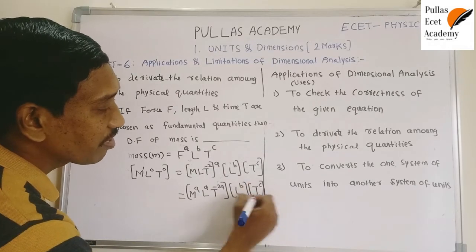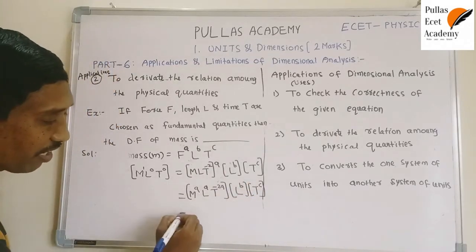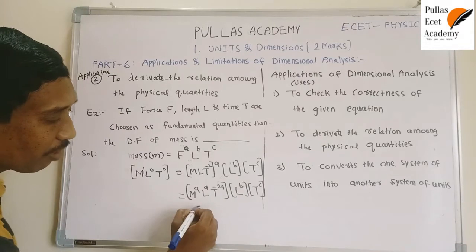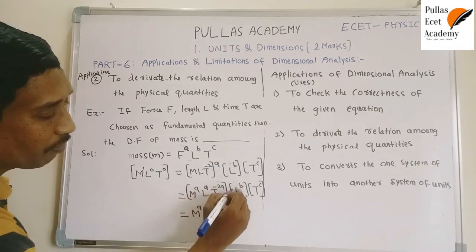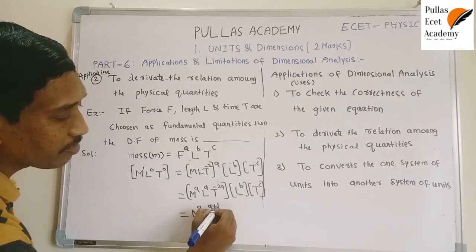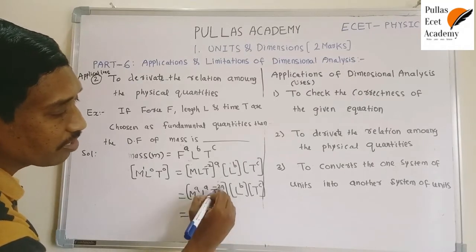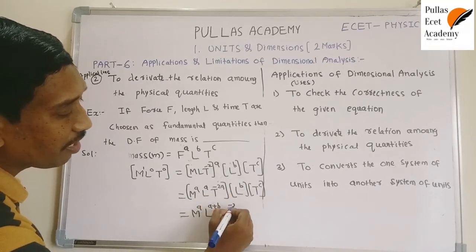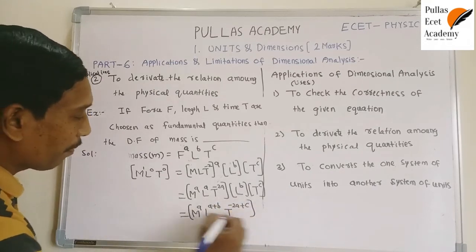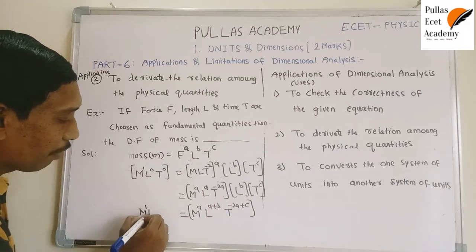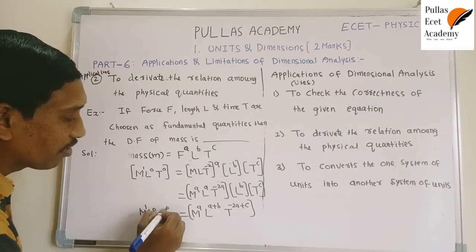This is the procedure. Now simplify again. This is M power A, there are no other M values. L power A and L power B means L power A plus B. Next, T power minus 2A and T power C means T power minus 2A plus C. This is similar to M power 1, L power 0, and T power 0.